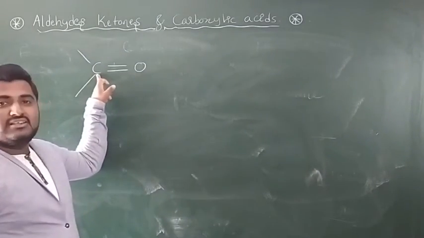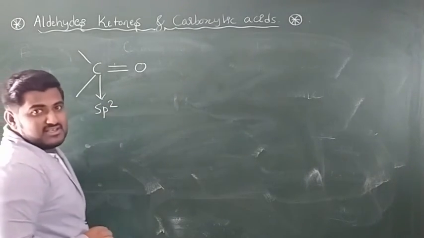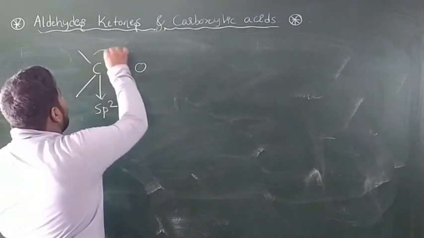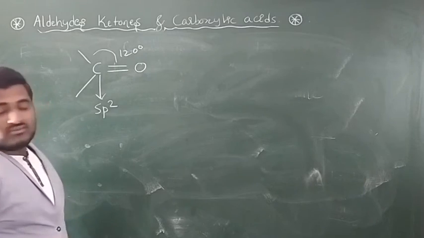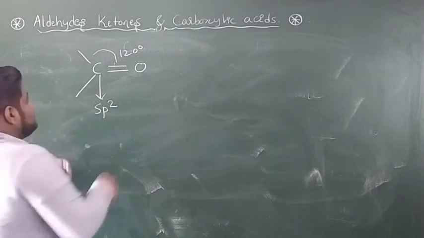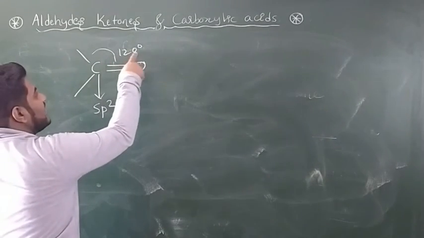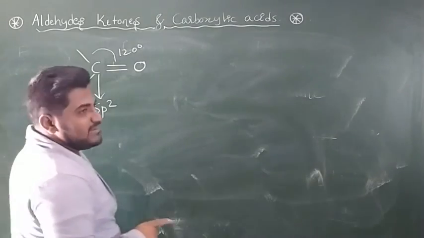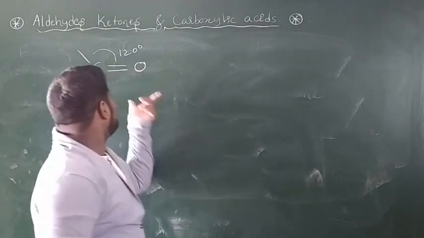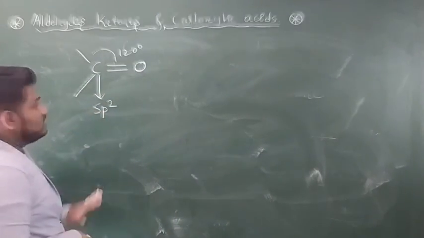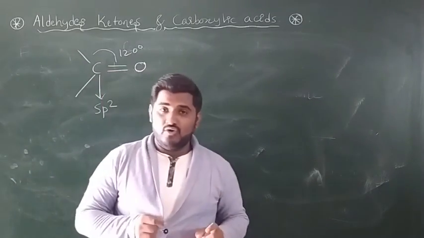Carefully see here, in the carbonyl group, this carbon is sp2 hybridized, and this bond angle is 120 degrees. This oxygen is more electronegative than this carbon. As a result, these electrons are taken by this oxygen, and this carbonyl carbon becomes partial positive and oxygen becomes partial negative. As a result, the carbonyl group acts as a dipole. Both positive and negative charge are there on the same carbon and oxygen. Therefore, the name dipole. Okay.